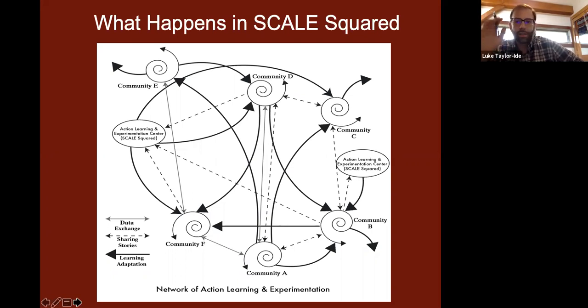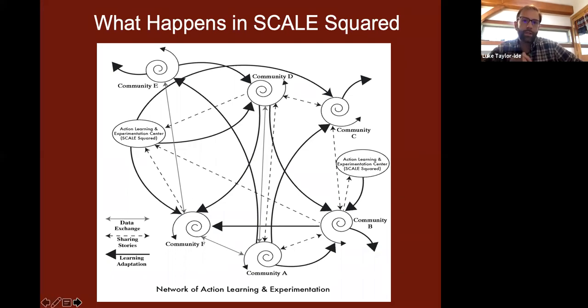So it's not to say that you evolve and suddenly you move from scale squared to scale cubed, but that the functionality of your scale squared, your action learning and experimentation, starts to function within a broader network. And so you're learning from other scale squared centers, you're working with different points of application. And so this is why we call these dimensions, because it's a different perspective. It's a different layer of the scaling up process.